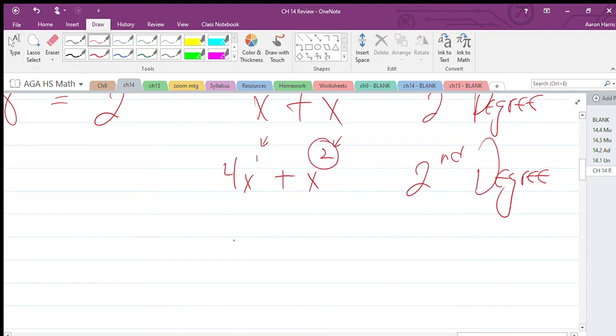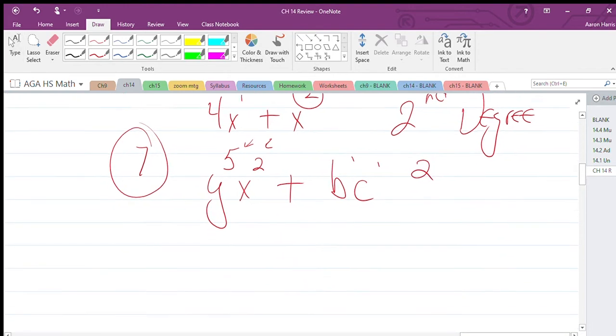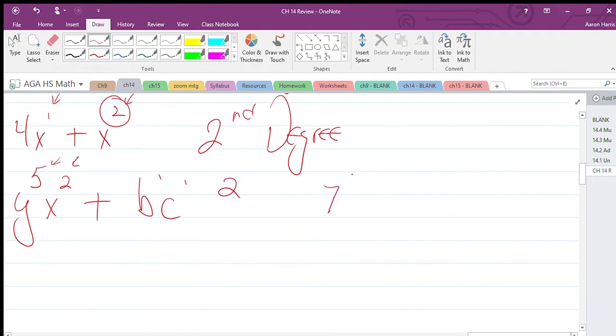So if I have y to the 5th x squared plus bc. Well, now I have a 5 and a 2, so I add them. So that gets me 7. This is a 1 and a 1, so that gets me what? 2. Well, 7 is bigger than 2, so I get a 7th degree polynomial.